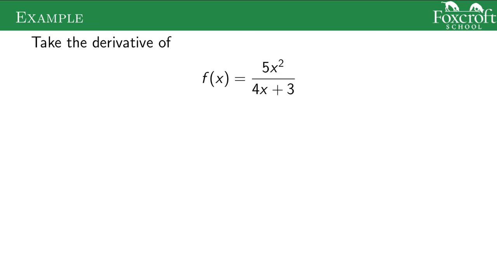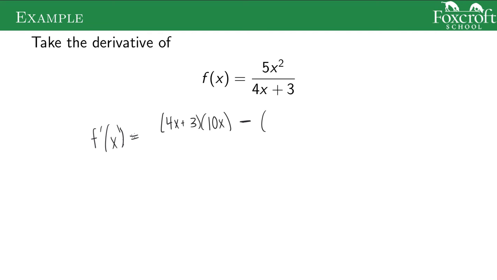So here we're going to take the derivative of this using the quotient rule. First we do low d high. So we keep the low function the same, so I'm just going to put 4x plus 3. And we're going to multiply that by the derivative of the top function, the high function. That's going to be 10x. Then we subtract.